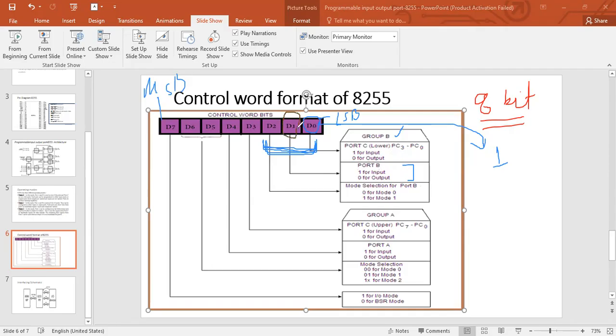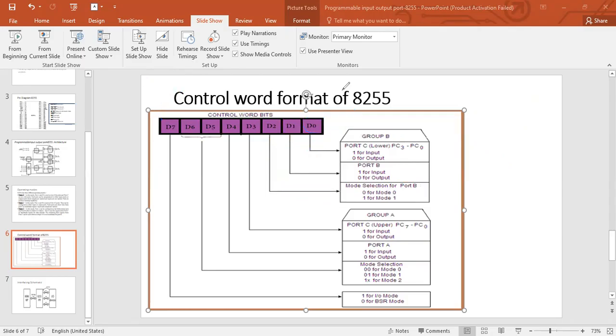This D1 bit decides whether port B is acting as an input port or as an output port. Now next, in which mode is port B working? This is decided by the D2 bit. This will decide in which mode port B is acting. If this is 0, then it is working in mode 0, and if this is 1, it is working in mode 1.